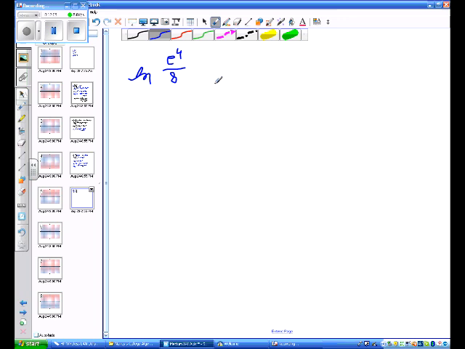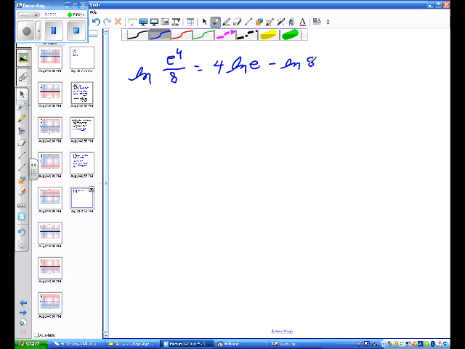This is a quotient, so we're going to expand it. The log of a quotient is equal to the difference of the logs. So that would be the natural log of e to the 4th. But we don't want to put an exponent. The log of a power is equal to the power times the log. So we would write that as 4 ln e minus the natural log of 8.